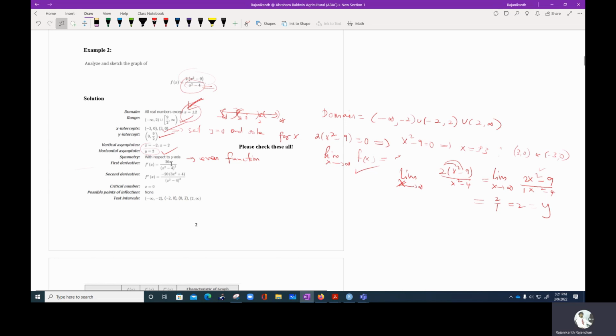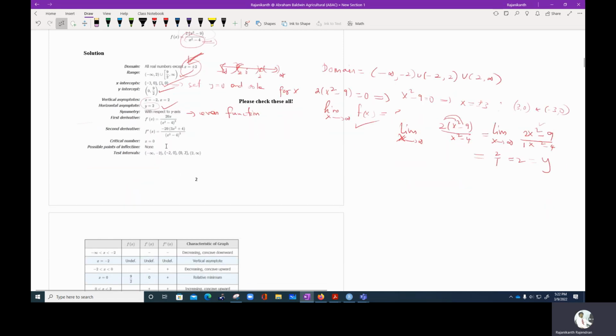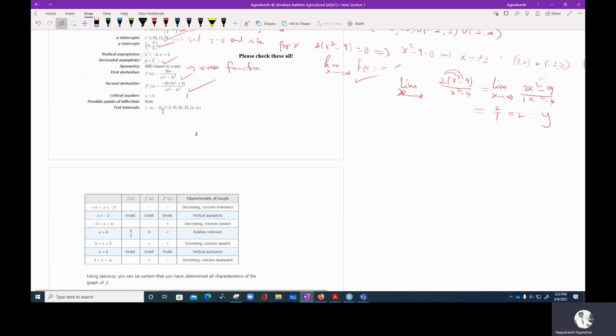So the first derivative is 20x over x squared minus 4, whole thing squared. And the second derivative is negative 20 times 3x squared plus 4 over x squared minus 4, whole thing cubed. But you know how to find the first and second derivatives, you learned that. So find those and look for any critical number. Yes, you find one critical number.